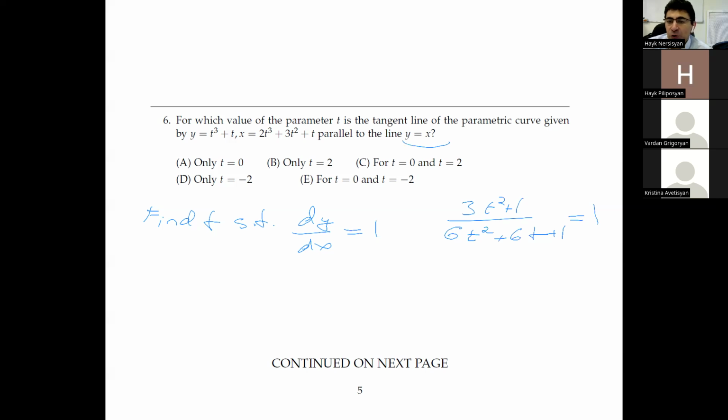We have to solve this second order equation and find all t's. It seems 3t squared plus 6t should be 0. Hence t equals 0 and t equals minus 2. This is the correct answer.